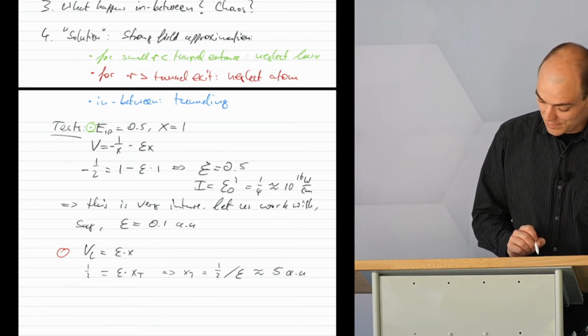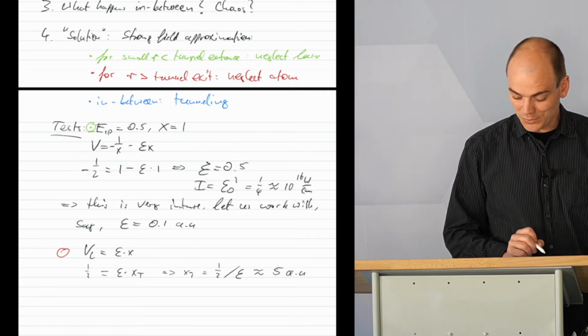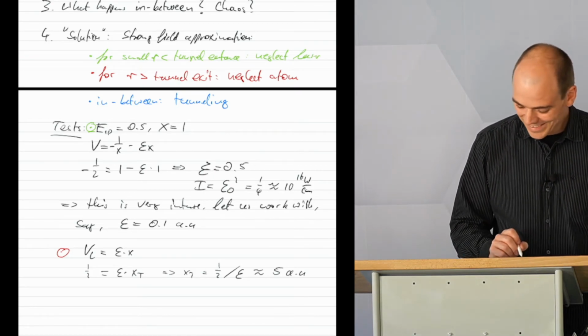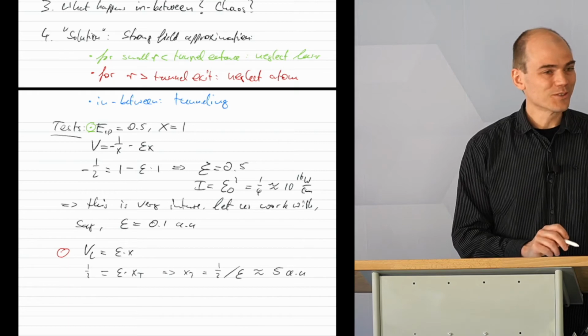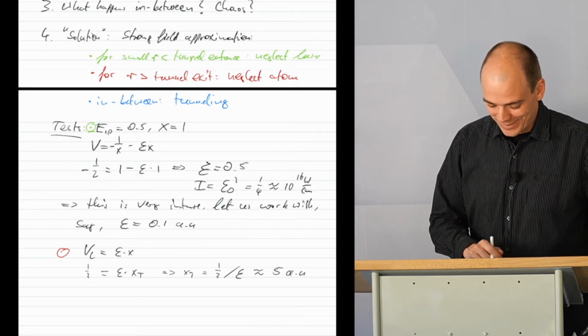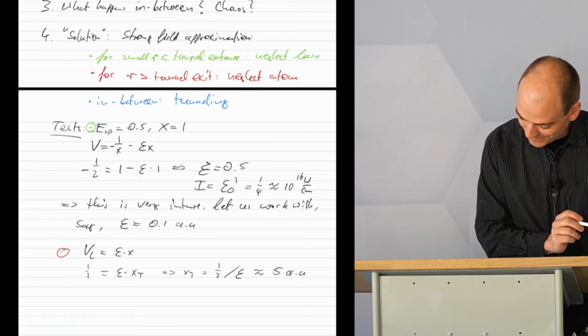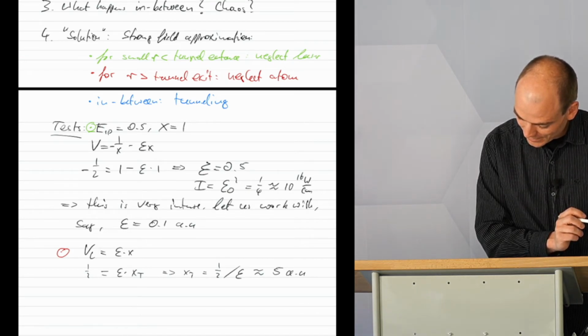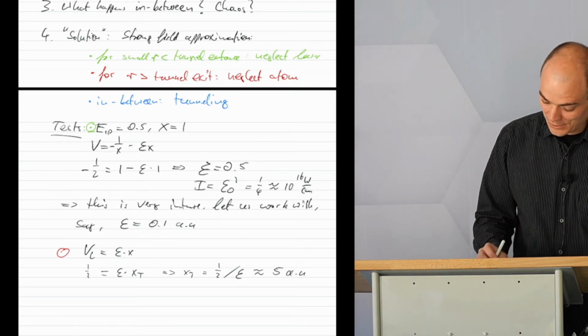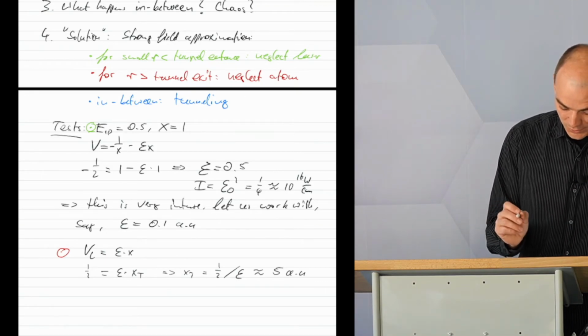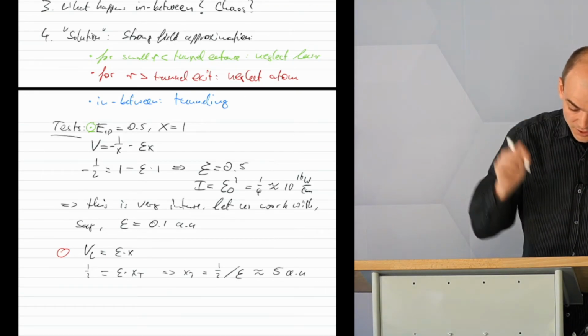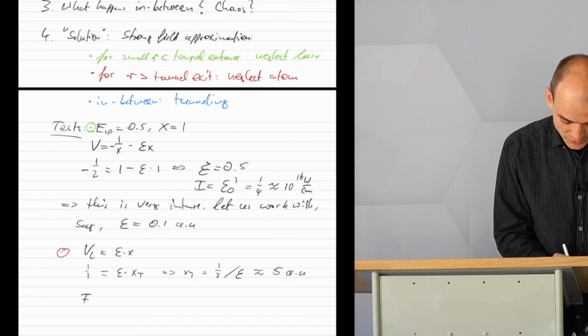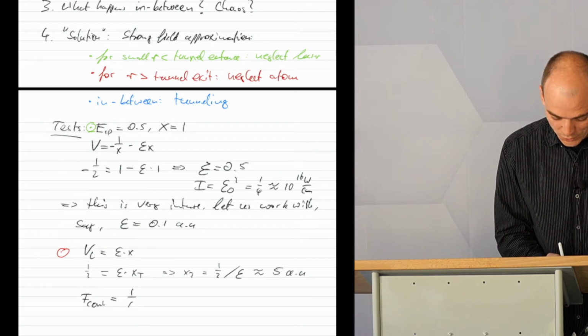What we actually find in this example is that the numbers are quite similar. I just noticed I picked other numbers than in the script. So in the script, what did they choose here? Ah, no, sorry. The mistake that I made is we should calculate the force. Yes, we should calculate the force, and then it's actually not so bad. Okay, so the Coulomb force is of course 1/x squared.